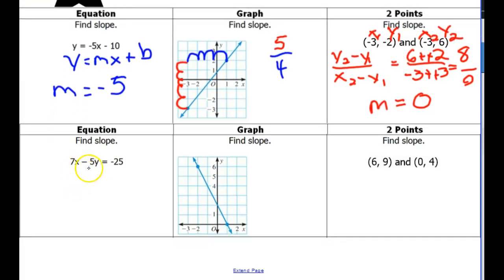Our next one, we need to get y by itself. So what we're going to do is subtract our 7x because it's positive to the other side. And what we get is negative 5y equals negative 7x minus 25. To get y by itself, we divide by negative 5.